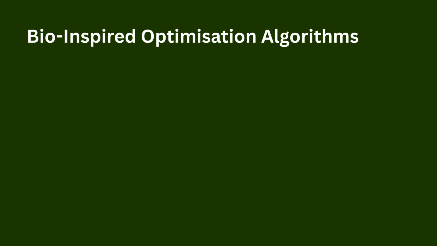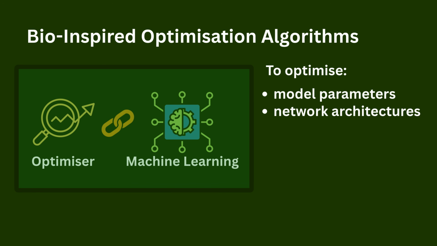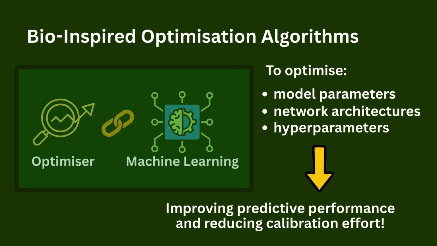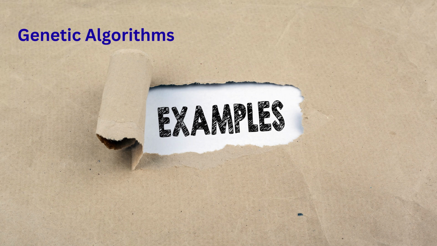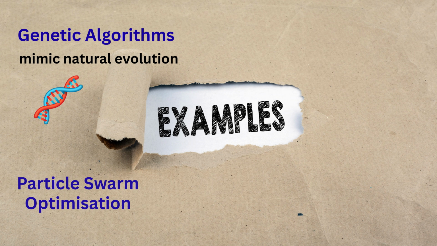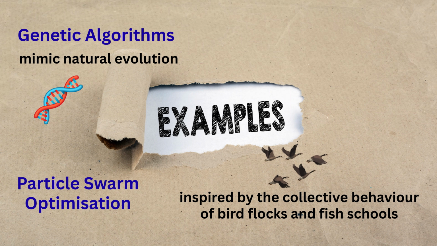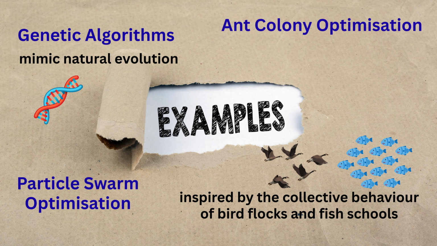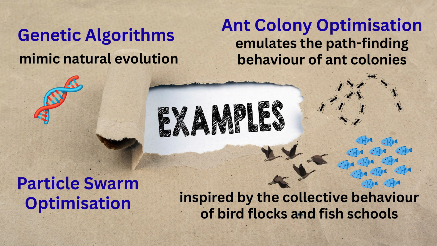Instead, these optimization techniques are integrated with machine learning models to optimize model parameters, network architectures, and hyperparameters, thereby improving predictive performance and reducing calibration effort. Examples include genetic algorithms, which mimic natural evolution, particle swarm optimization, which is inspired by the collective behavior of bird flocks and fish schools, and ant colony optimization, which emulates the pathfinding behavior of ant colonies.